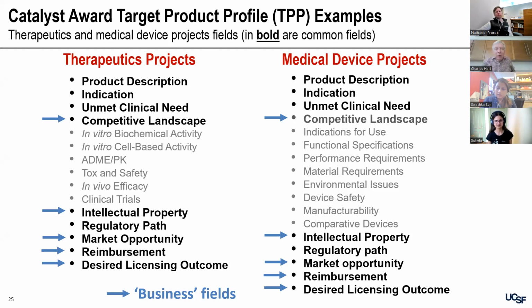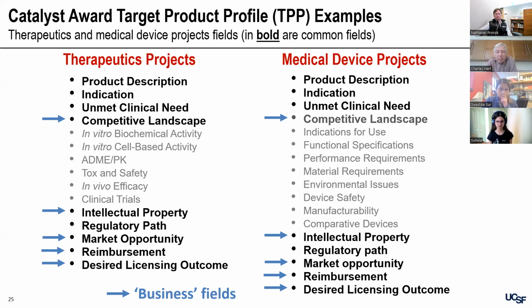I'm actually going to start with a slide I showed last week. These are the fields of the TPP for 2 different product types. On the left are drug, therapeutics product types. On the right is medical device product types. And these would be similar for a diagnostic product or digital health product.